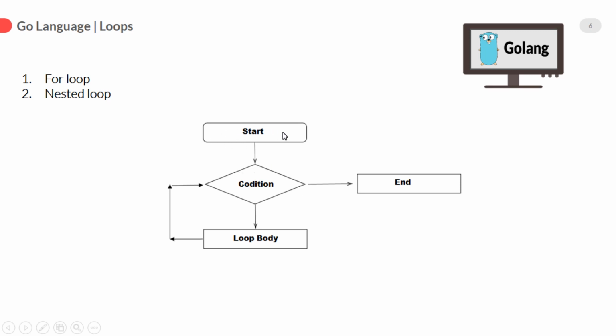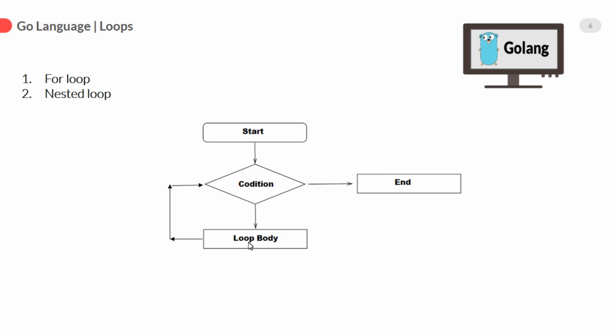The starting point is here, start, and here is the condition. If the condition is true, then control will go to the loop body, and after that we check the condition again. If the condition is true, then we repeat the loop body.